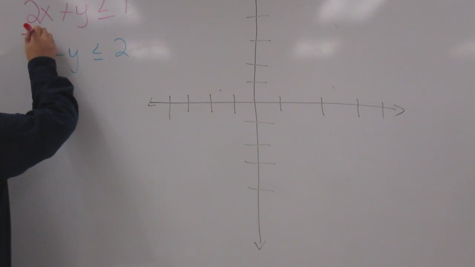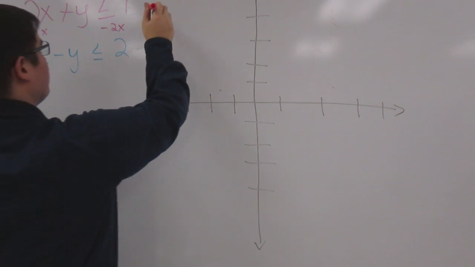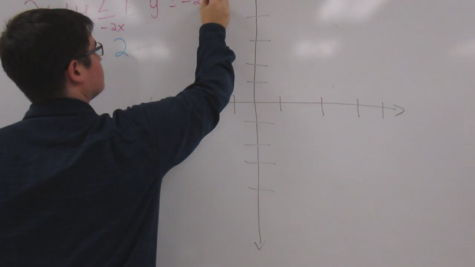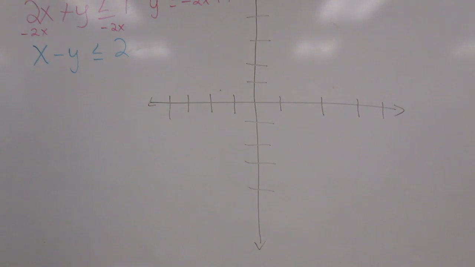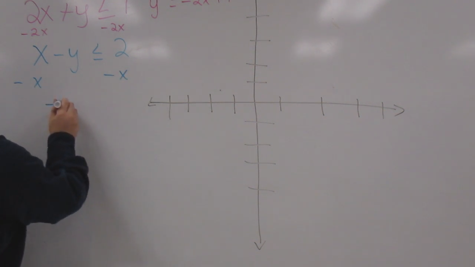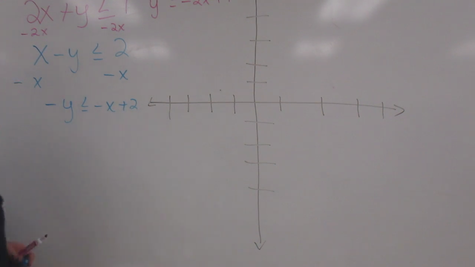Then we know how to graph them, life is good. So I'm going to subtract 2x from the pink one. Now I have y is less than or equal to negative 2x plus 1. Here, I can subtract x from each side. So now negative y is less than or equal to negative x plus 2.